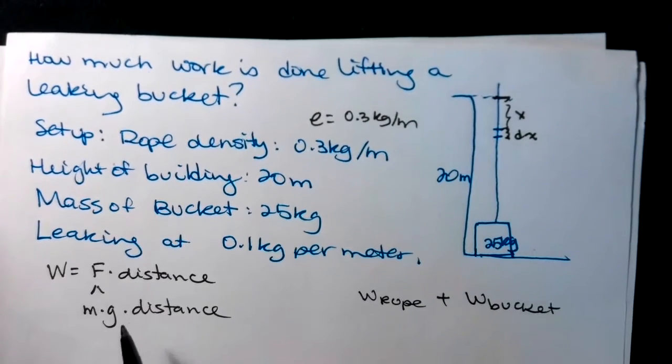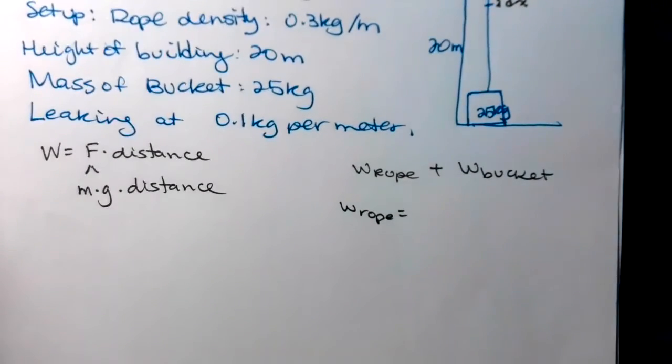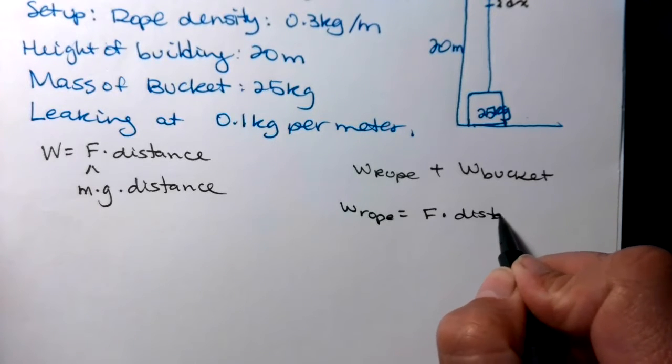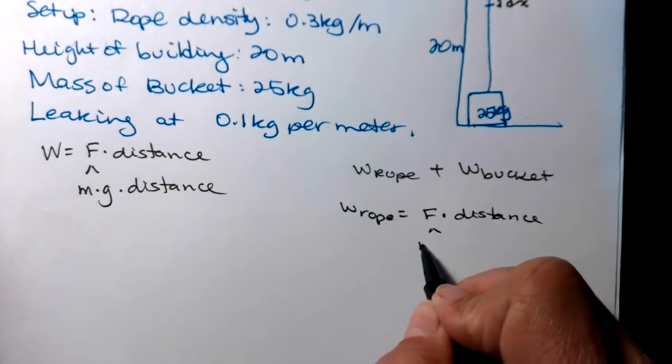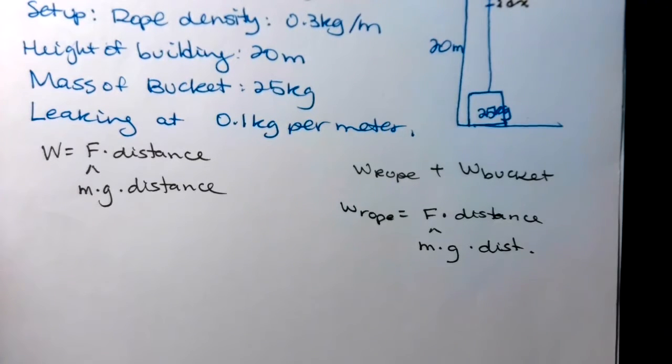Now let's go ahead and think about the rope here. So the work for the rope is force times distance. Force is mass times gravity times the distance.